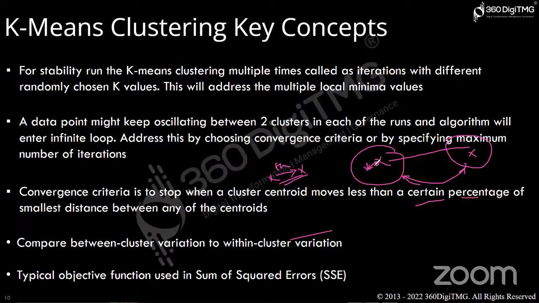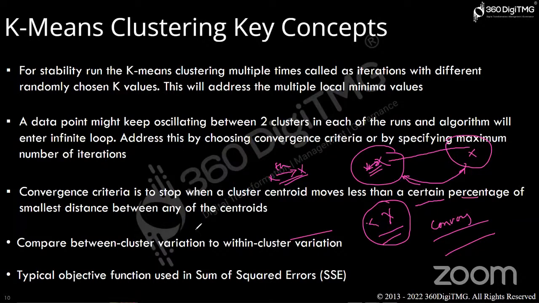If it moves less than a certain value, say y, then this k-means clustering has converged. If this condition is met, we stop. If this condition is not met, then we continue doing this. So this is one of the methods, convergence criteria.